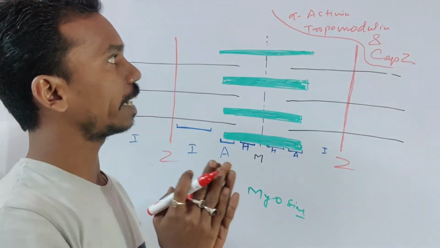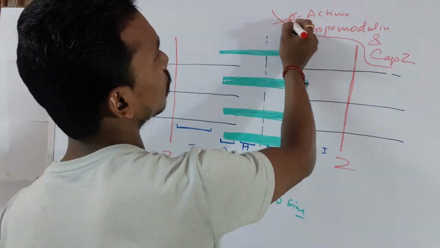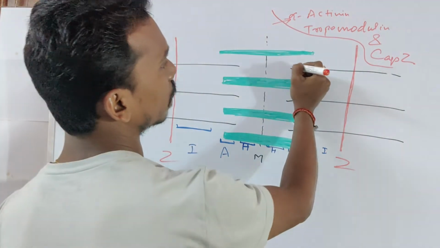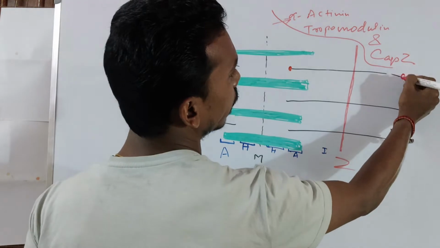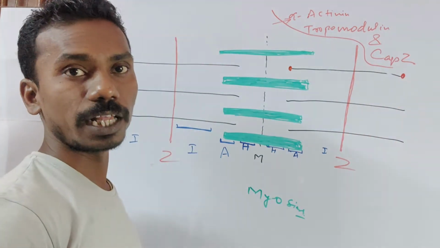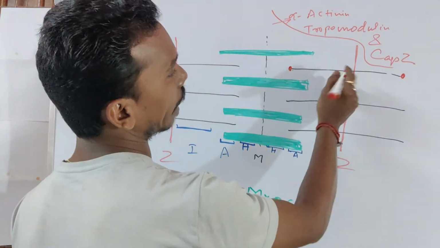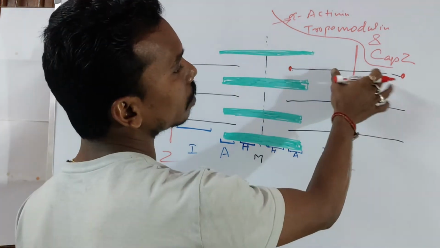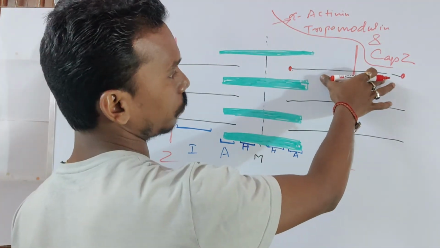It can be said that alpha actinin is basically present at both ends of the actin microfilament, so it can regulate the length of the actin microfilament.